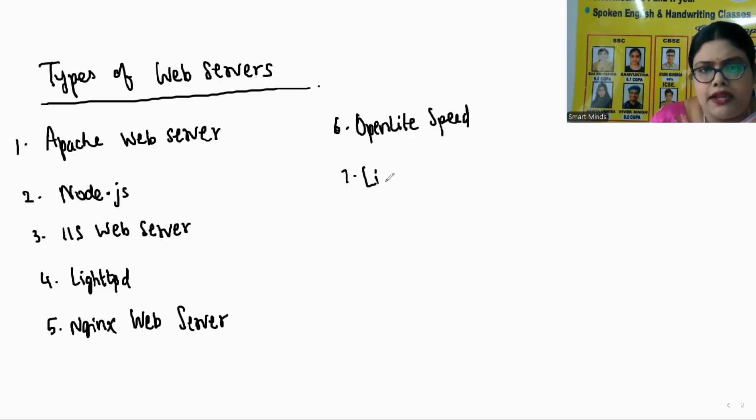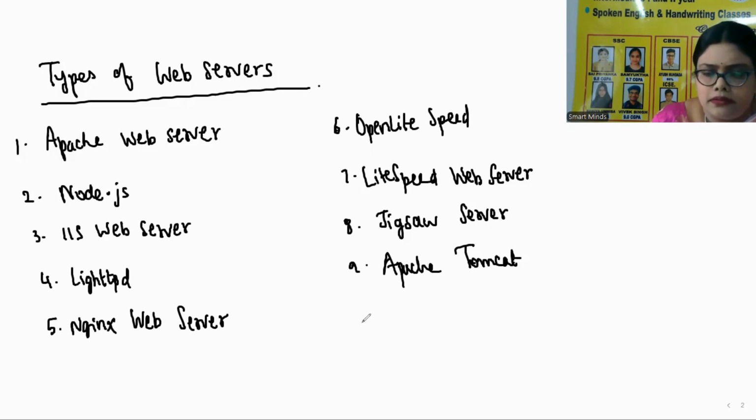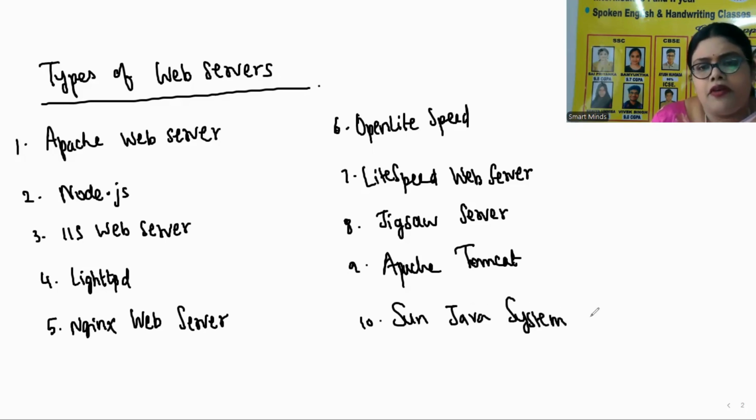Number 7 is LiteSpeed Web Server. Number 8 is Jigsaw Server. Number 9 is Apache Tomcat. Number 10 is Sun Java System Web Server. So these are the 10 different types of web servers which are most common.